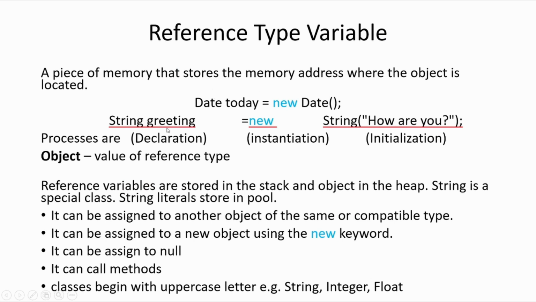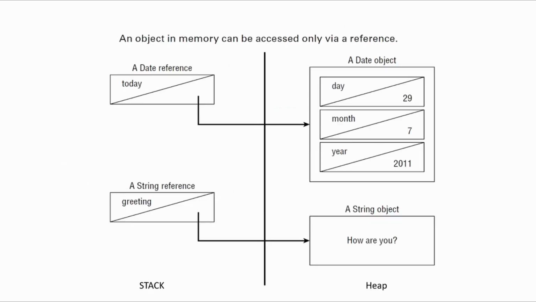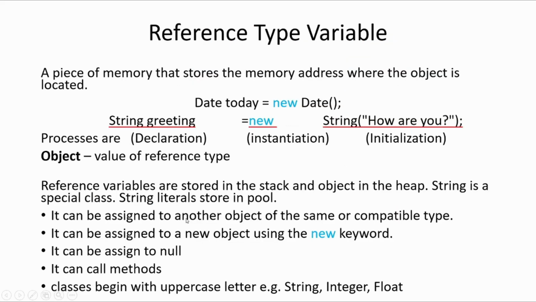Okay, let's go back. If I say String greeting equals new String how are you, whenever there's a new keyword, it creates a new object in memory. You can see that it has created a new String object, how are you, and the address of this object is stored in the reference variable. So reference variables are a little bit different than primitive type variables.